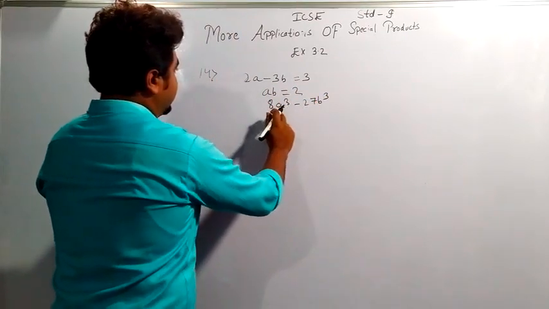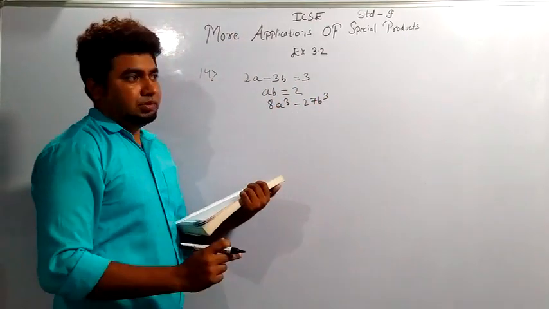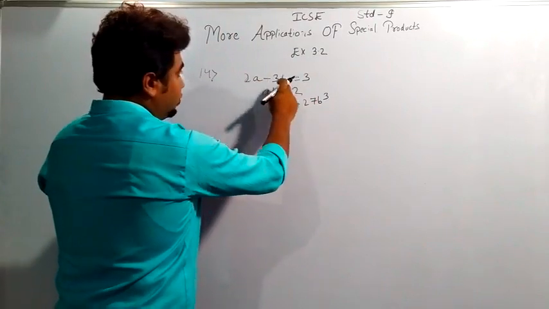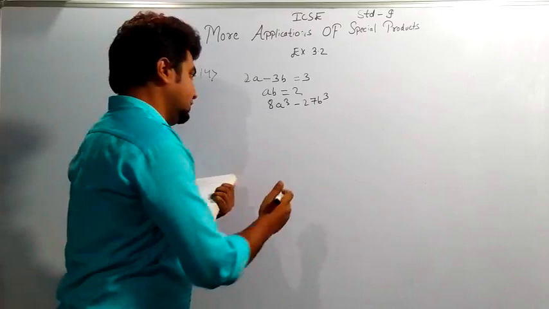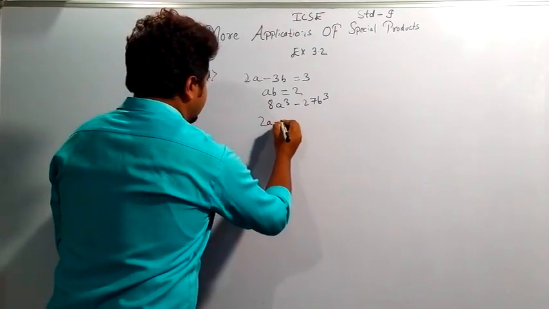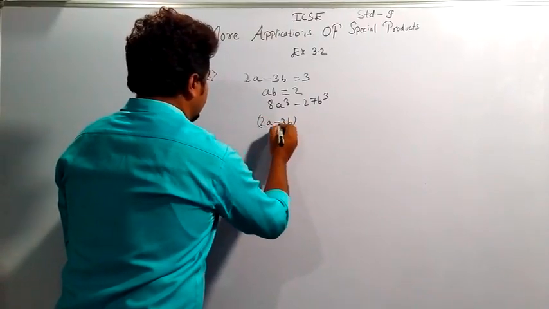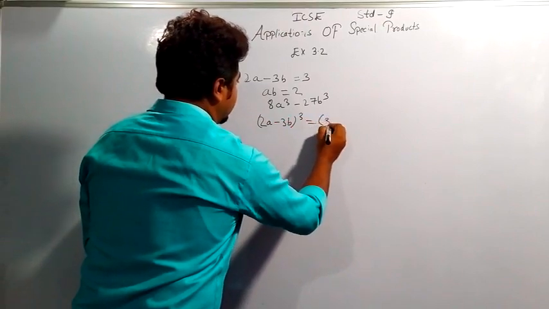We are able to see that this is a cube. Here also two terms are given. So again we have to find the cube of this. So 2a minus 3b whole cube is equal to 3 cube.